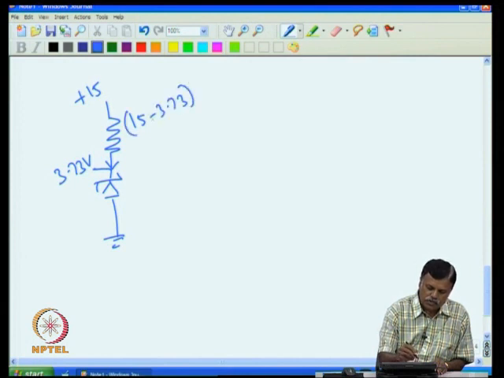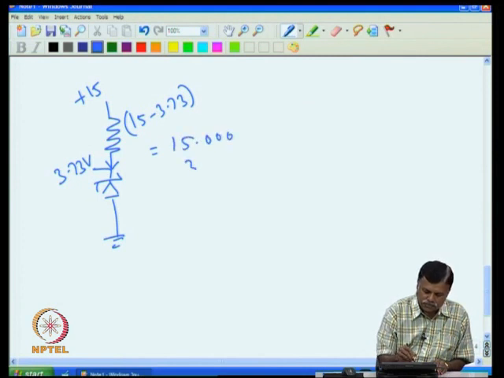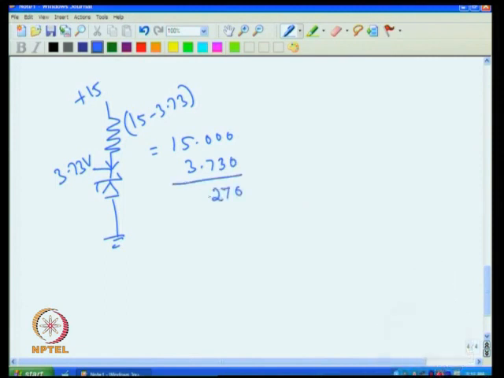That is the worst case voltage that will be seen across this resistance, and that works out to be 11.27 volt.